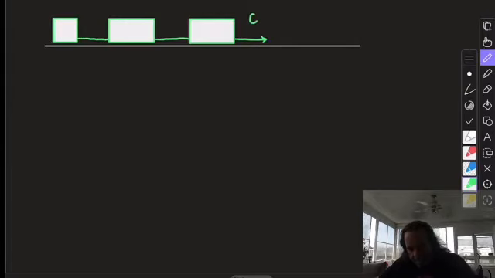Let's say this is string C, this is string B, and this is string A. Let's say this is M, and this is 3M, and this is 2M. All right. Now, the first question I would ask is, which of these strings has the most tension in it? A, B, or C?